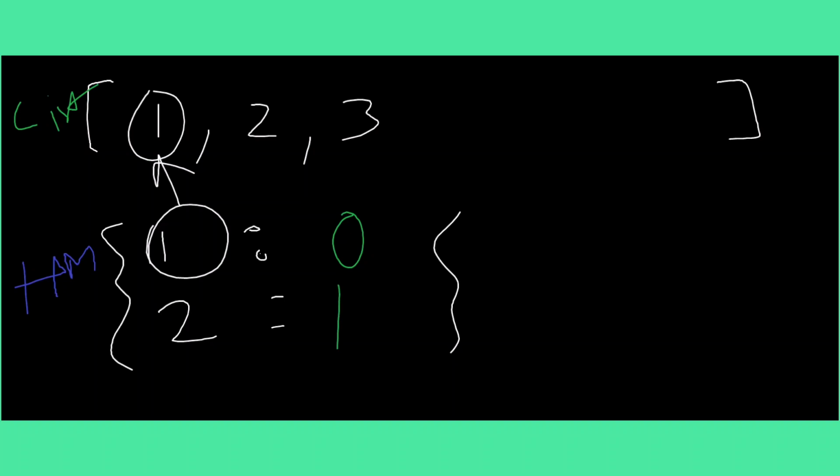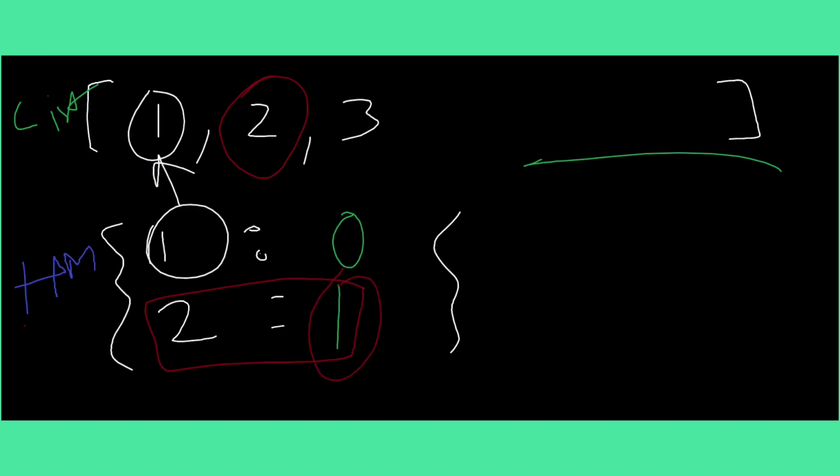Now, if I have to remove an element from this list, let's say, for example, I want to pop 2, I'll go to this hash map, seeing where do we have 2 in this list. It's at index 1. I'll go to index 1 and delete this. Now we have empty space.